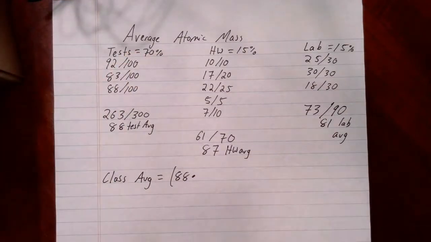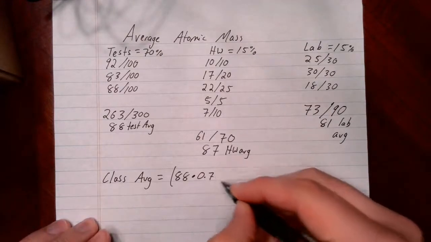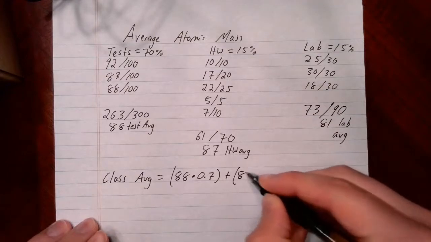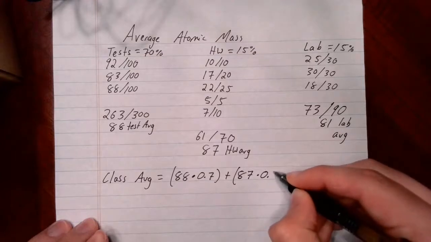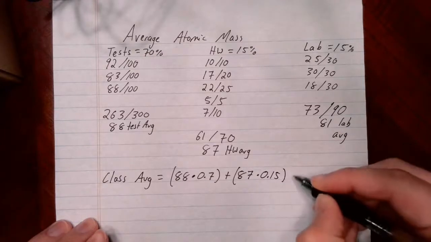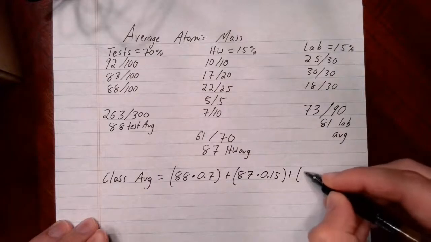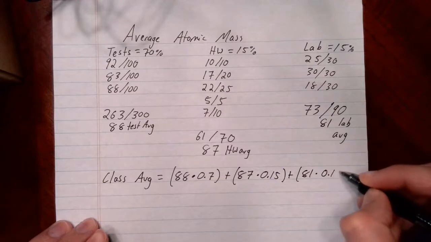So to take a percent to a decimal, you divide by 100. So times 0.7 plus your homework average, which is 87, times 0.15 plus your lab average, which was 81, times 0.15.